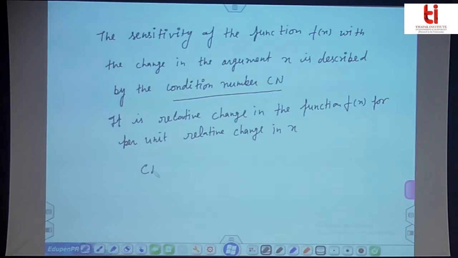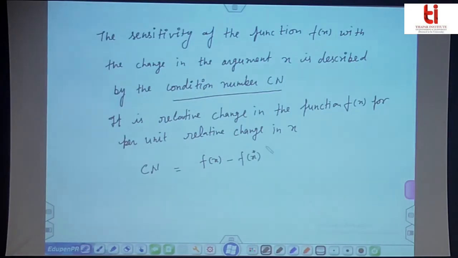Means what? Condition number can be expressed as the relative change in the function f(x) per unit relative change in x. Suppose f(x) is the original value of the function and f(x*) is the approximate value.